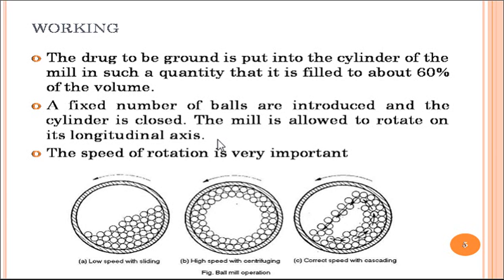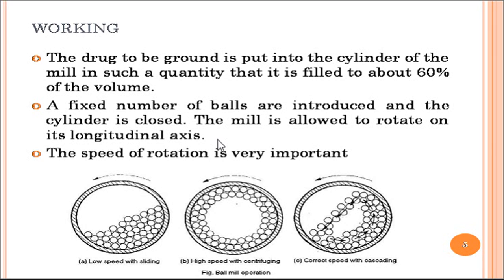But sometimes at very high speed, the chances for interaction, that is impaction and attrition, between the materials and the balls are less. So we should keep the speed optimum, and that depends upon the type of material which we feed into the ball mill.